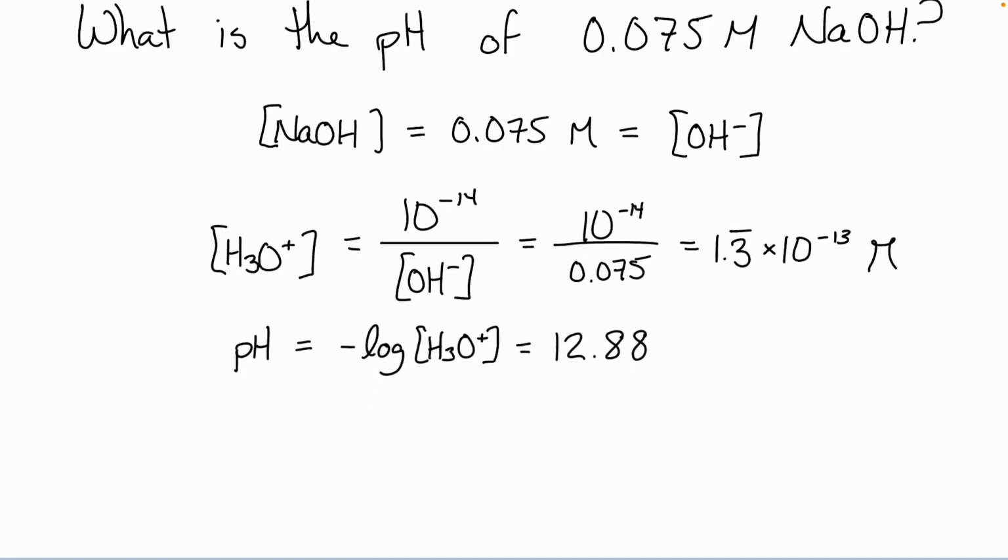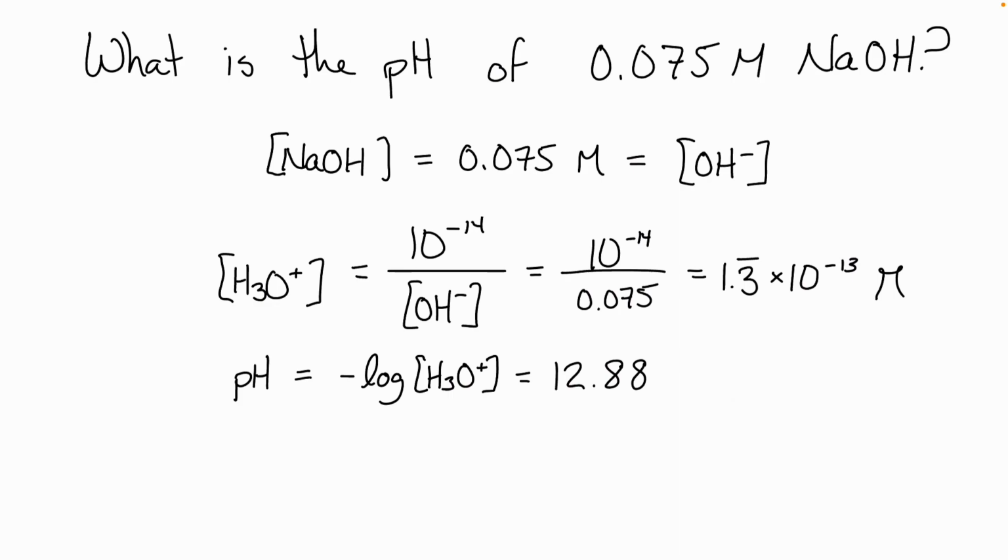All right, so since I have my strong base, I know the concentration is equal to the concentration of hydroxide ions, right? But if I want the pH of this solution, I'm going to have to use this auto-ionization relationship in order to figure out the concentration of hydronium. Then I can take the negative log of that to get my pH.